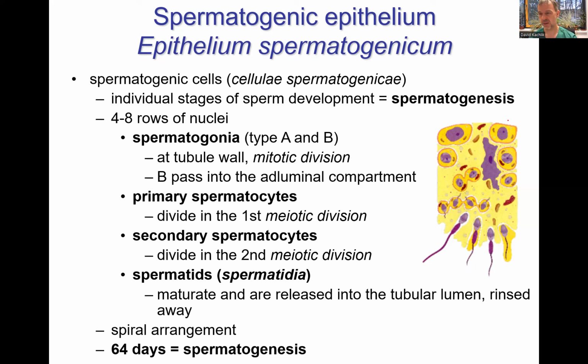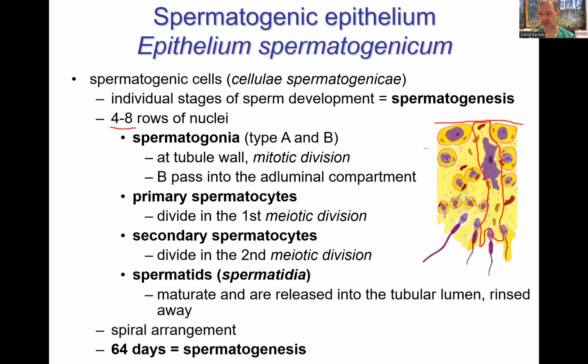As I said, it's a pseudostratified epithelium because we have the Sertoli cell, and the Sertoli cell is like that. You can see it comes from the basement membrane up to the lumen. But the other cells, the different stages of sperms, form layers, so 4 to 8 layers.